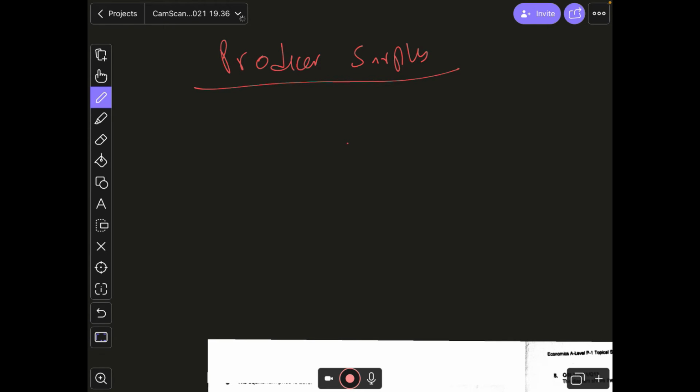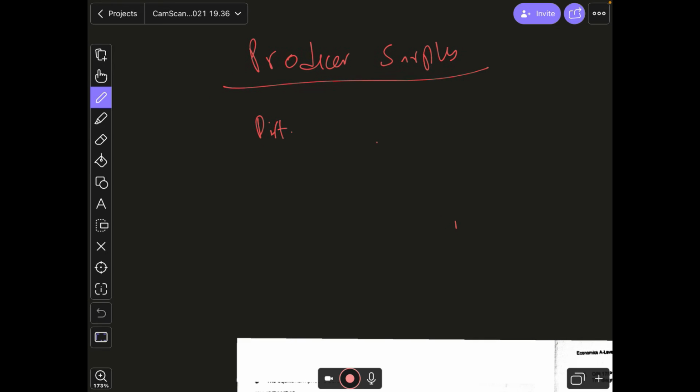It's the same thing, but only for producers. So it's the difference between what the producers are willing to supply at versus what they actually have to supply at.